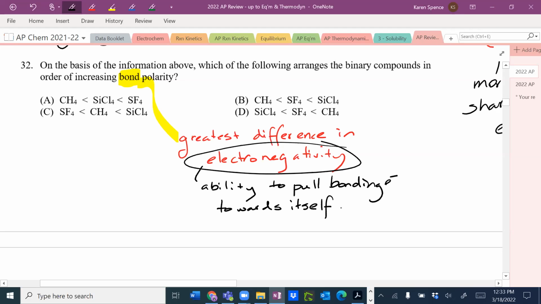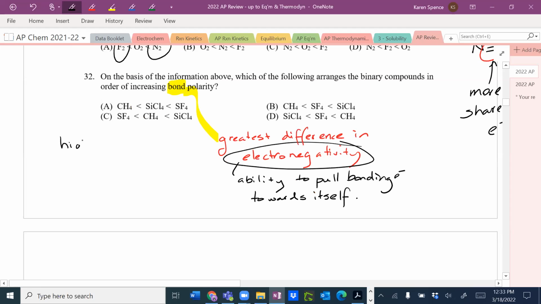So if you have something with a higher effective nuclear charge, which means you would be going from left to right across the periodic table, so if you have a higher ZF, you're going to have a higher, I'm just going to call it EN for electronegativity, okay? Higher electronegativity.